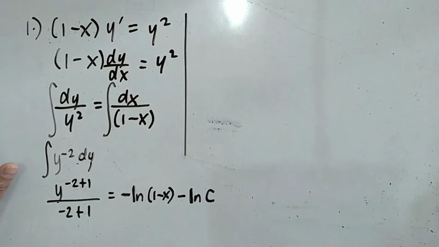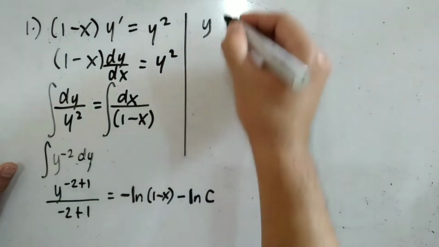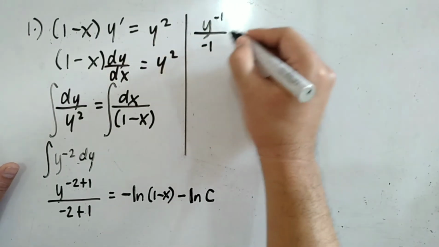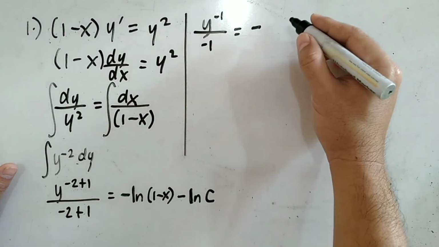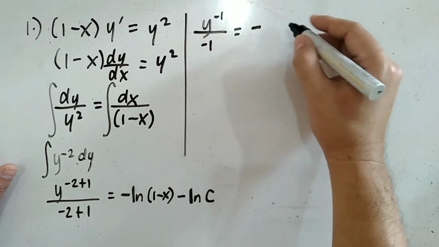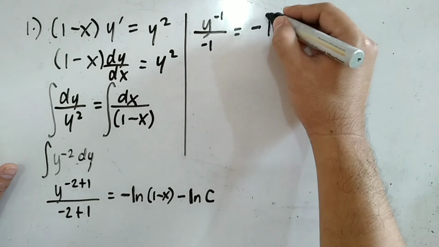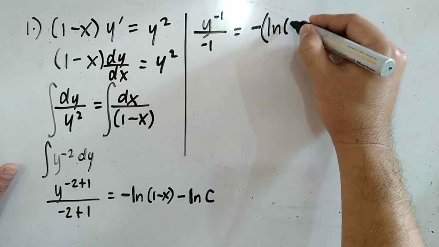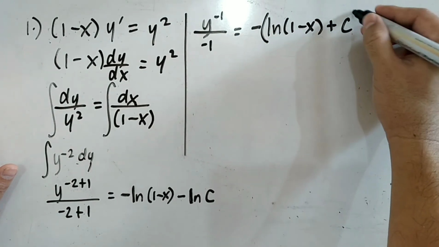So we have y to the negative 1 over negative 1 equals negative. Let's factor out negative first. We have ln of negative ln of 1 minus x plus c.